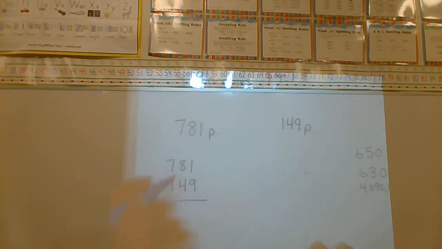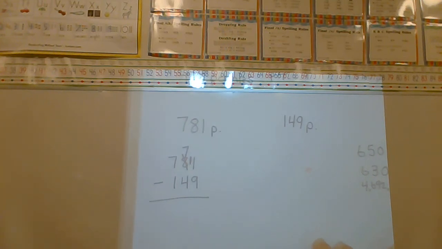Thank you very much. So we're going to borrow the dime, turn that 8 into a 7. And now we don't have 1 penny, but we have 11 pennies. What's 11 minus 9? That's right, 2. And what's 7 minus 4?